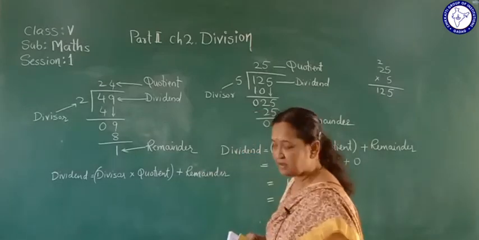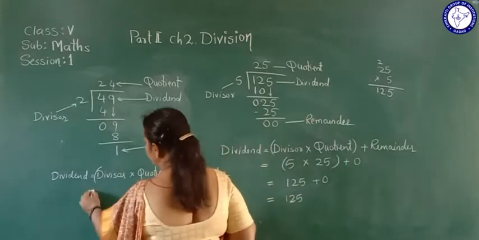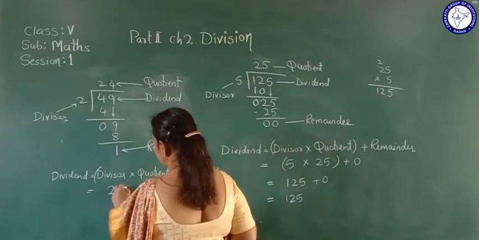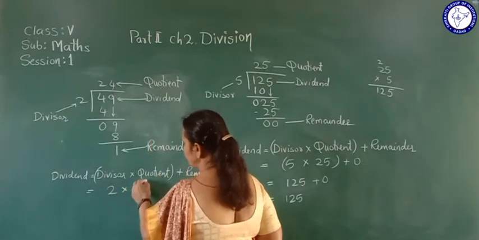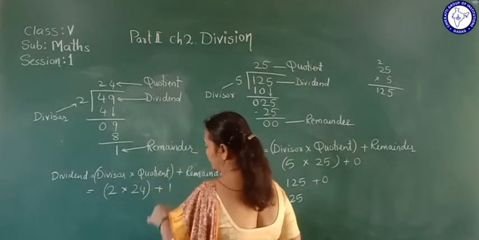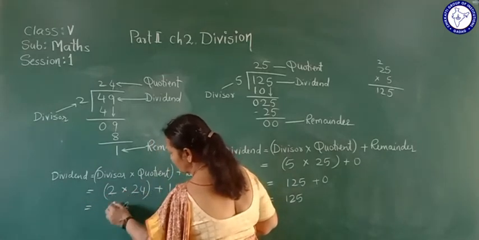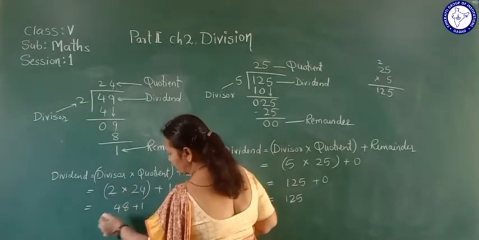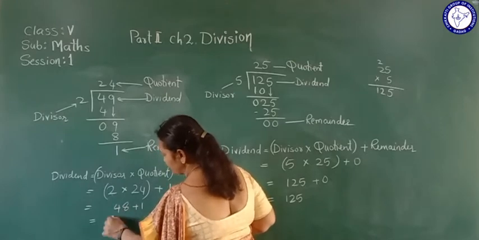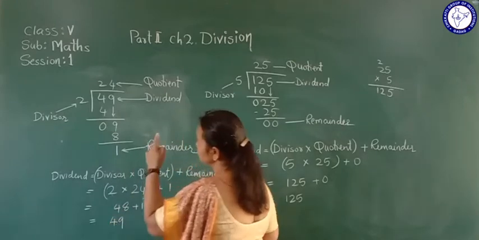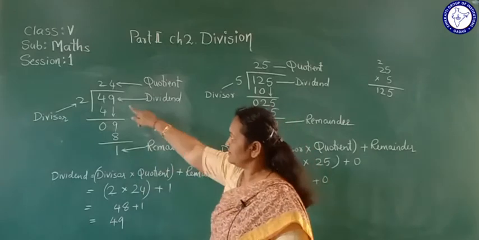Then here, what is the divisor? It is 2. Quotient is 24, and the remainder is 1. So 2 4s are 8 and 2 2s are 4, 48 plus 1. How much do we get? 49.